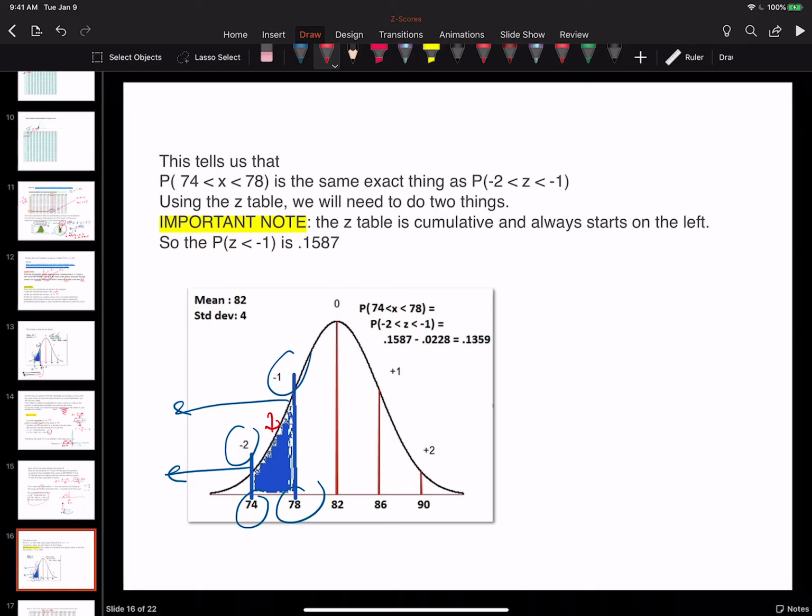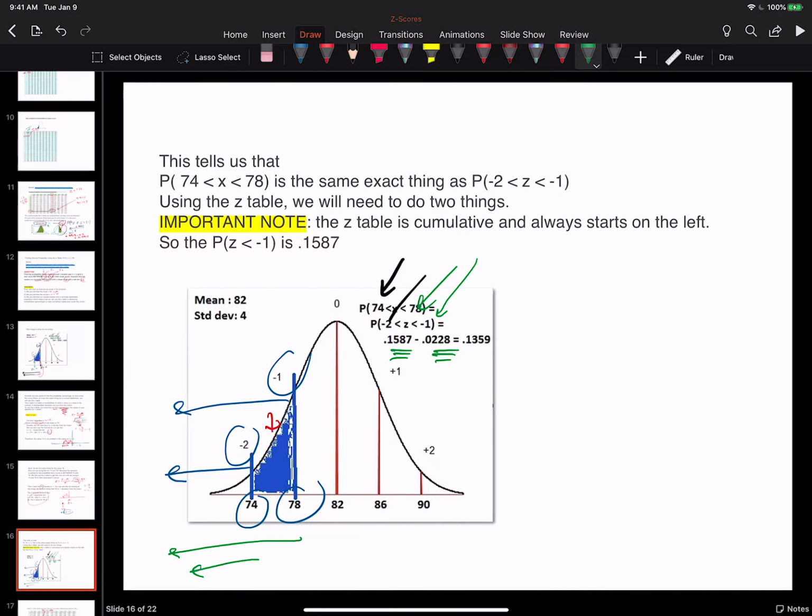Let's see if this time they have it right. 74 was converted to -2. 78 was converted to -1. Under -2 we have 0.1587, under -1 we have 0.0228. Actually the other way around, because under -1 is more than under -2.